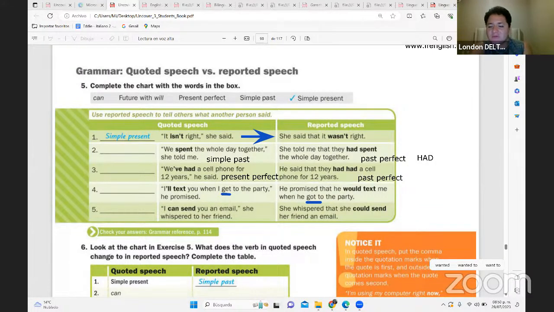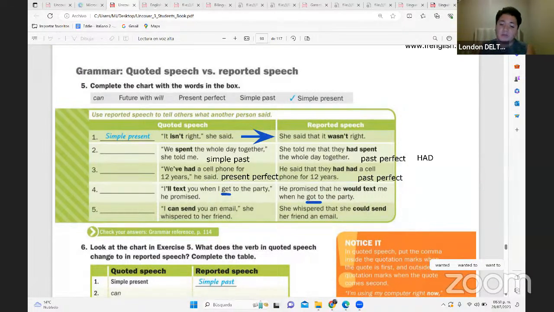That's the thing in reported speech. Now, the purpose is that you can use this topic in your everyday life. So when you have a conversation, you can repeat what another person said. Entonces, el punto es ser capaces de repetir lo que dijo otra persona.